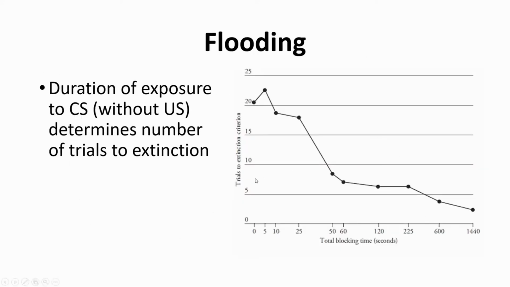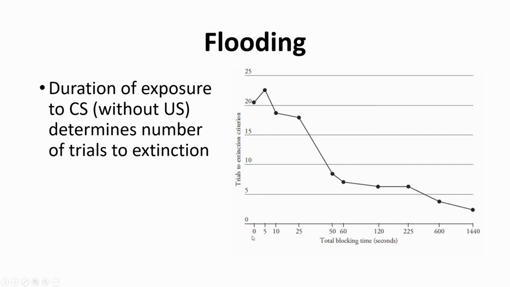And this slide is just a graph showing a relationship between the trials to extinction criterion, basically how many exposures they needed to have to that conditioned stimulus in the absence of the unconditioned stimulus to stop displaying the avoidance behavior, versus the total blocking time.